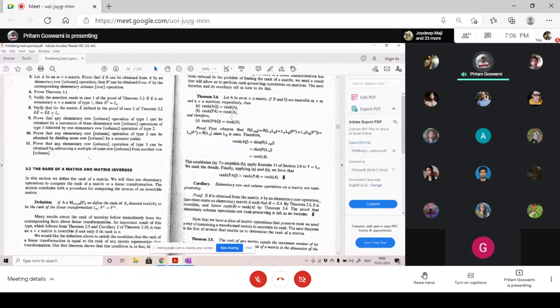Now a question occurs: what if I multiply A with some other matrix? What will be the rank? The answer is given through this theorem. You cannot tell for all matrices, but if the matrix by which you are multiplying is invertible, then you can tell that the rank will be the same. Clear?